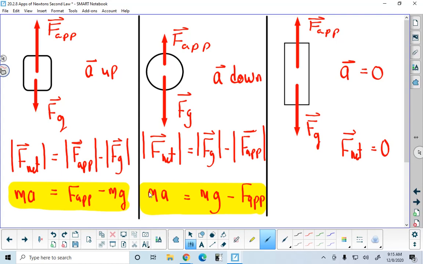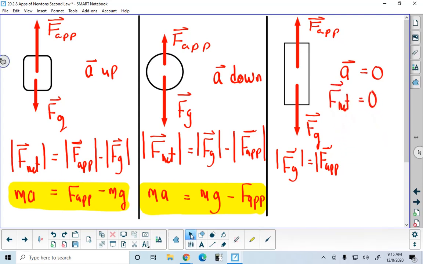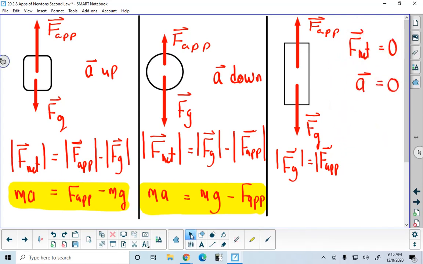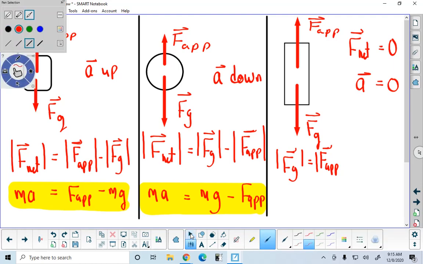And that means that the magnitude of the gravitational force must be equal to the magnitude of the applied force, and that becomes very simple. In this particular case, what you end up with is mg equals the applied force.